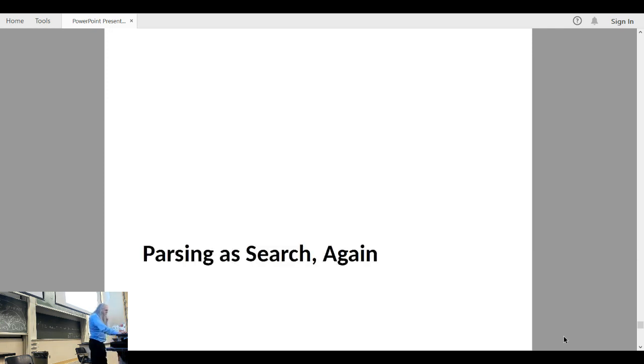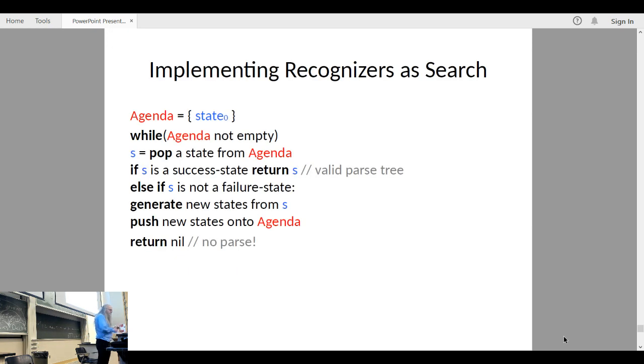So let's go back to parsing as search again, because this is quite a good way of looking at it. So what we're going to do is we can take these edges. Every time we get an edge, we put it on an agenda, and at each iteration we take the top one off, or the bottom one, or the most likely one, or some selection criteria, and then we do stuff, and that will generate more edges that you put on the agenda.